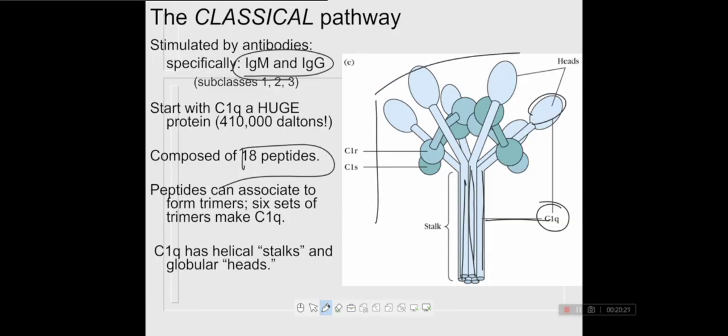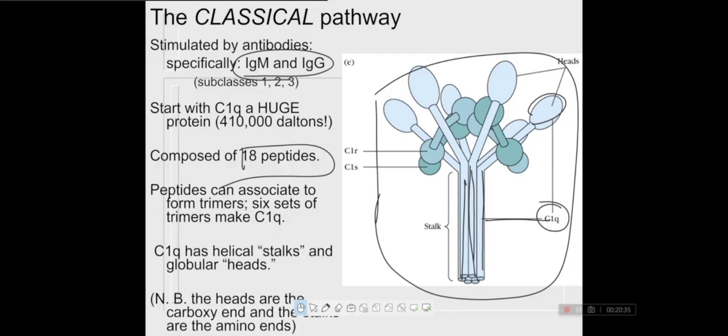This is the C1q protein that helps in the classical pathway. The heads are the carboxy end and the tail is the amino end, which means this is the amine group and this head is the carboxyl group. Okay, clear?